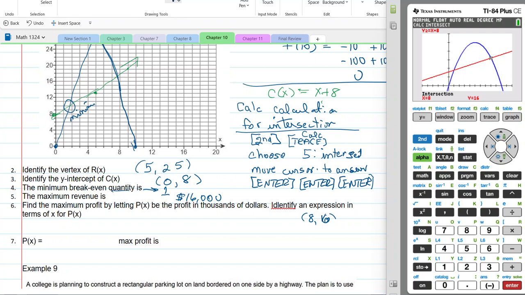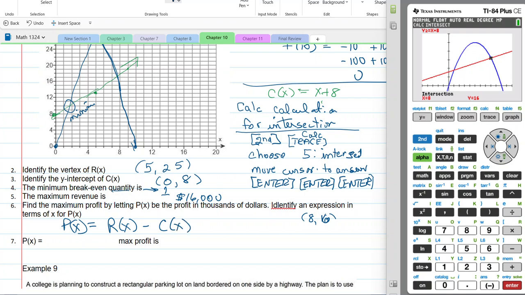Find the maximum profit in dollars. Identify the expression in terms of P of X. All right, so we know P of X is R of X minus C of X.